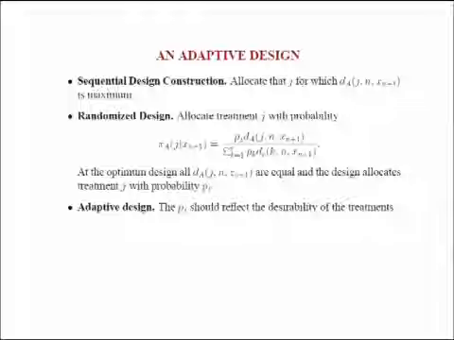But we want to skew things. We don't know these Pjs yet, but when we know them, we will want to skew according to those. So if we allocate with probabilities proportional to this, then we will get a design which is, to some extent, optimum, and we'll have some randomization built in.